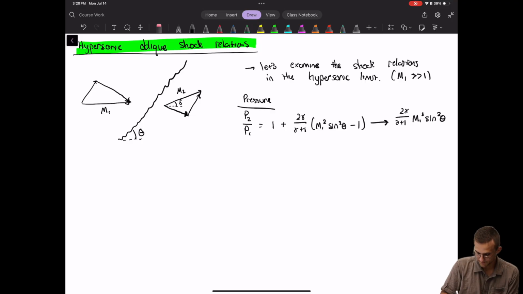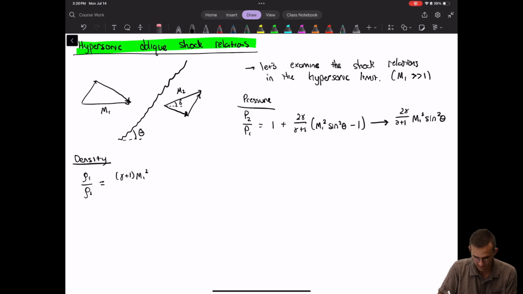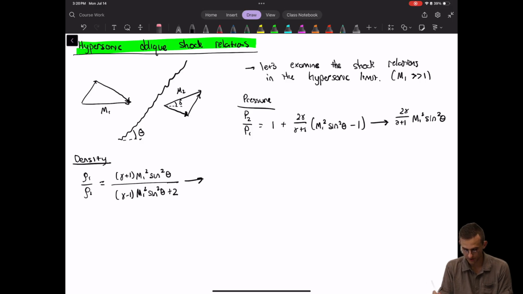What about the density? Well, the density ratio rho 1 over rho 2 is usually equal to gamma plus 1 times M1 squared sine squared theta divided by the quantity gamma minus 1 times M1 squared sine squared theta plus 2. And that, in the large M limit, just simplifies to gamma plus 1 over gamma minus 1, essentially just sending M1 to infinity.